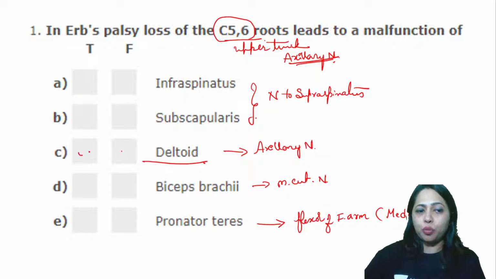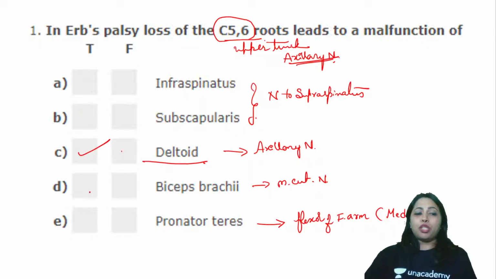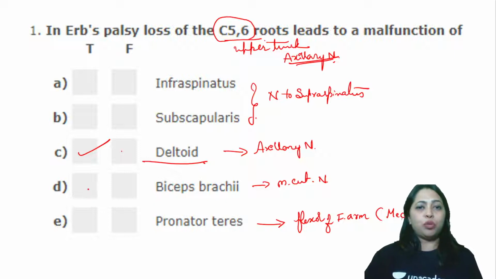So this is the one where loss of roots leads to malfunction of the deltoid. That is true. But musculocutaneous also has the same root value. That is again true. And then there is nerve to supraspinatus that also has the same root value. So true. But this is the one which may not have the same C5, C6 roots. So this one also has, but at the same time there are many other roots which can help.